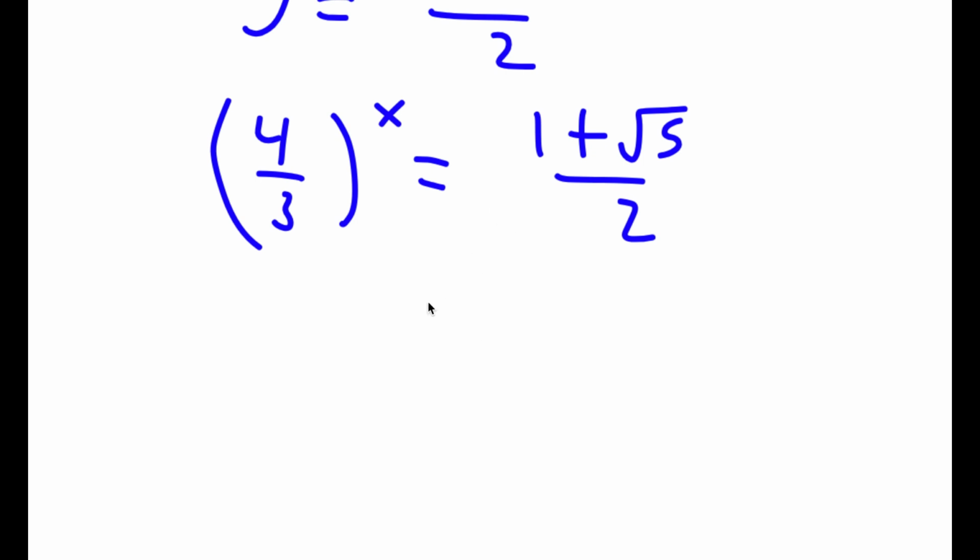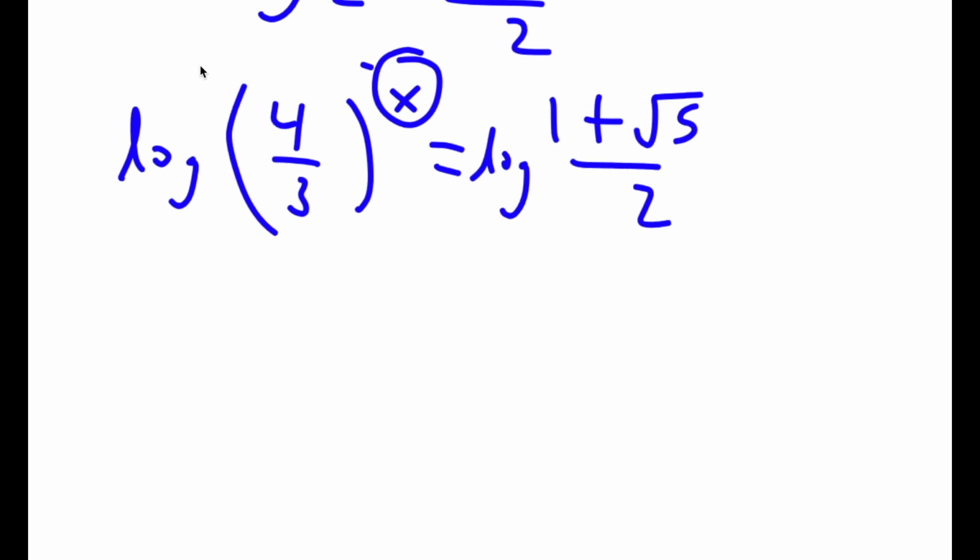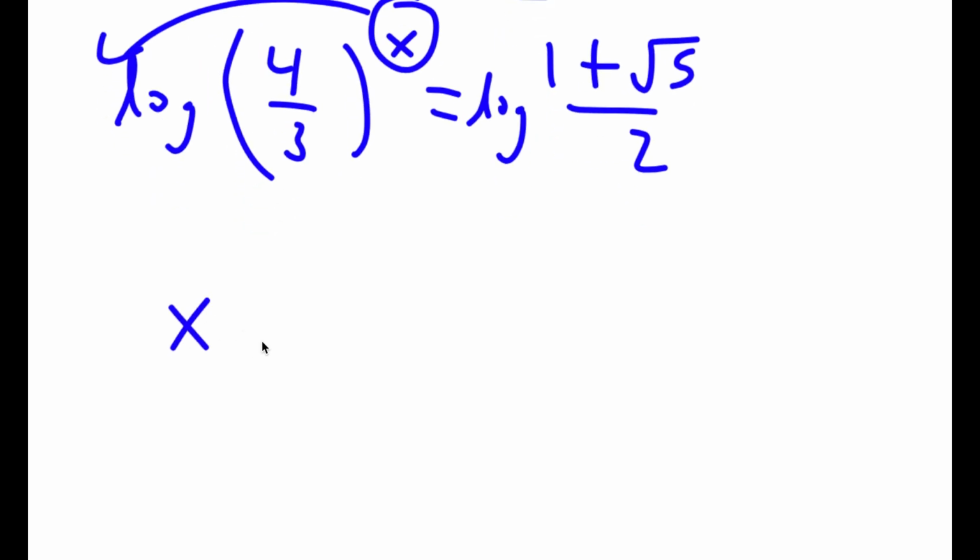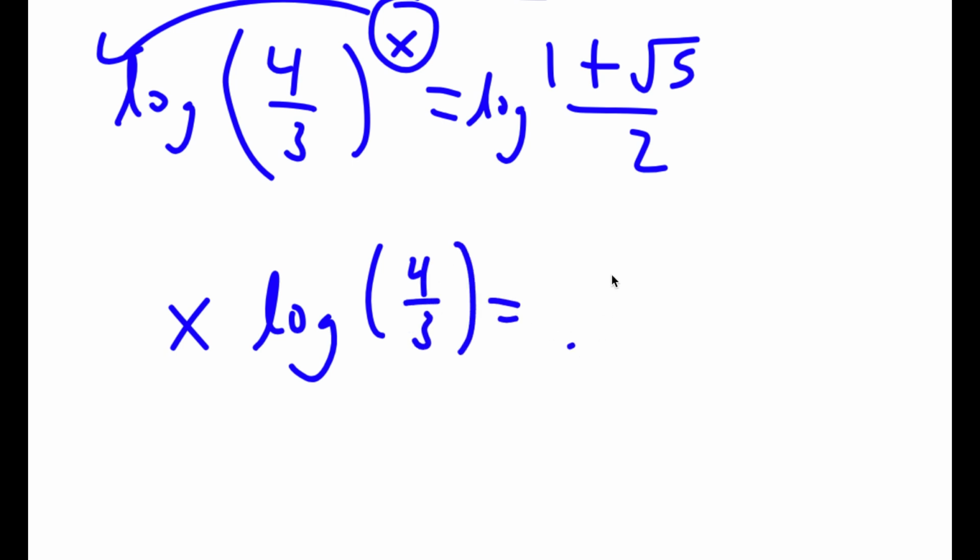So now to solve this, I'm going to take the log on both sides. So I have log of 4 over 3 to the power of x is equal to log of 1 plus square root of 5 over 2. And now I can actually move this x to the front. So now I have x times log 4 over 3 is equal to log of 1 plus the square root of 5 over 2.